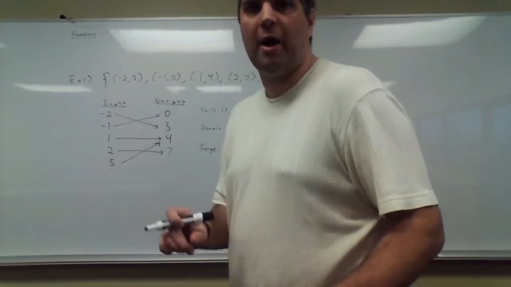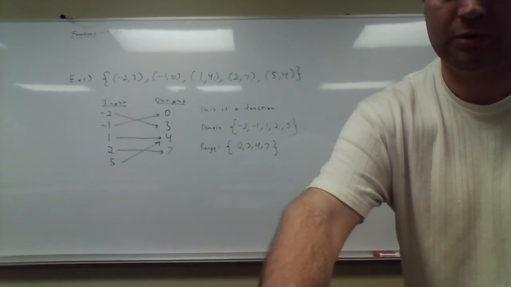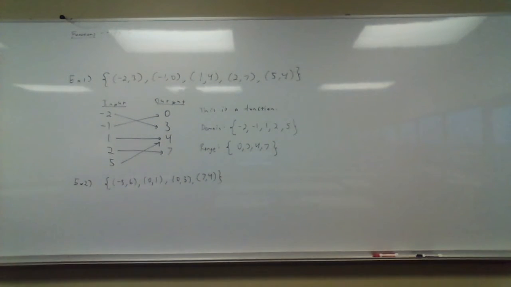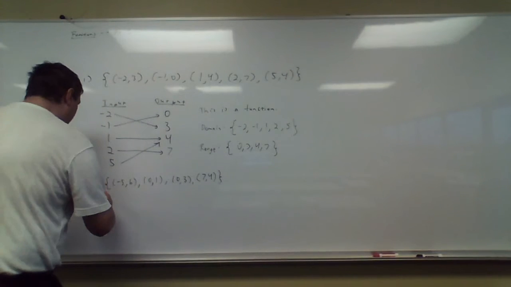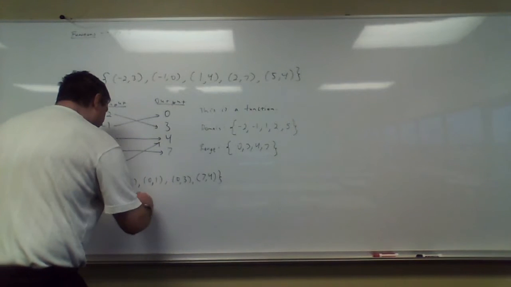Example 2. I'm going to pause this and put example 2 on the board. All right, example 2 is on the board, and we're going to repeat the same process. It's the same questions. A, is it a function, and if so, identify its domain and range. So the inputs and the outputs.